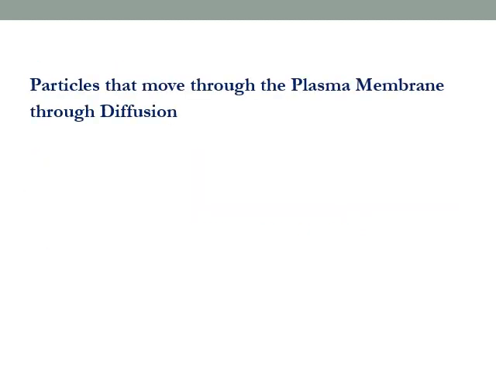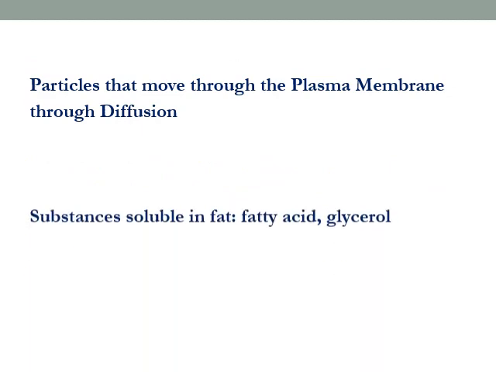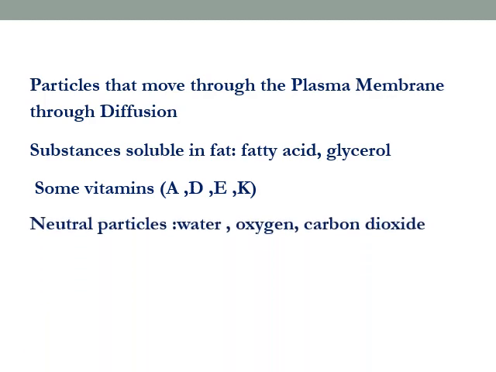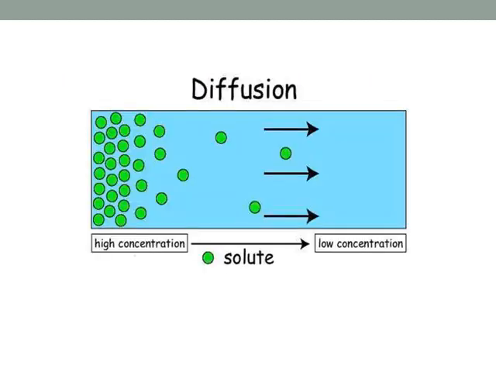There are many particles that can move through the plasma membrane through passive diffusion, like substances soluble in fat, like fatty acid and glycerol. Some vitamins, like vitamin A, vitamin D, vitamin E, and vitamin K, and neutral particles like water, oxygen, and carbon dioxide.